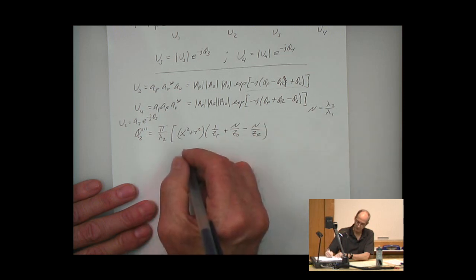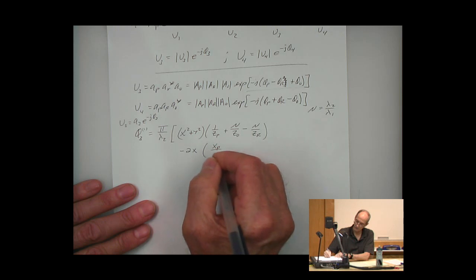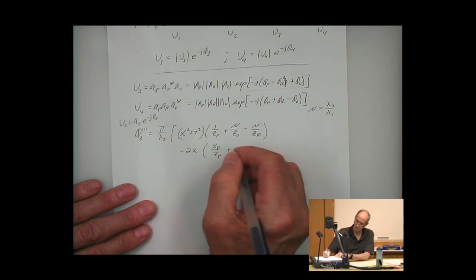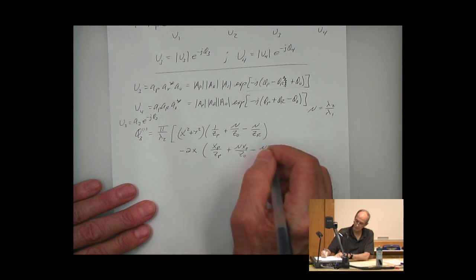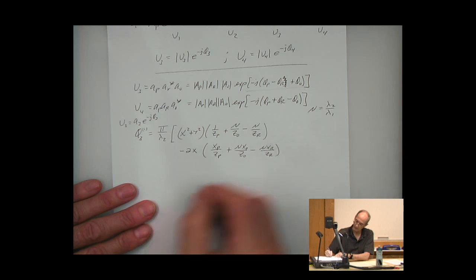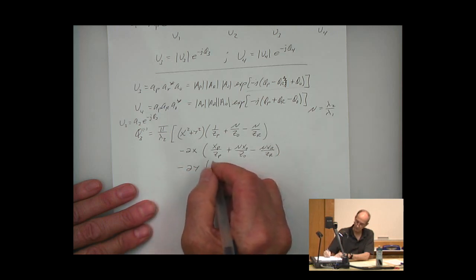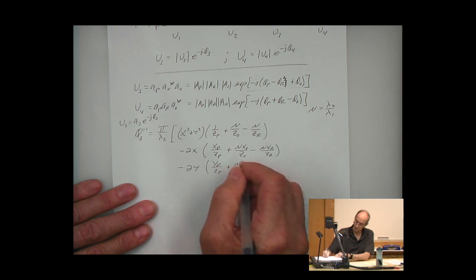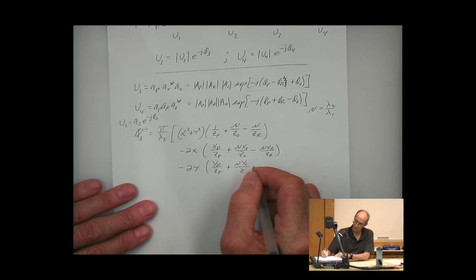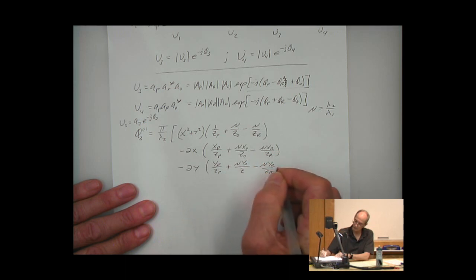And then we have minus 2x times xp over zp plus mu x0 over z0 minus mu xr over zr. And then we have minus 2y yp over zp plus mu y0 over z0 minus mu yr over zr.